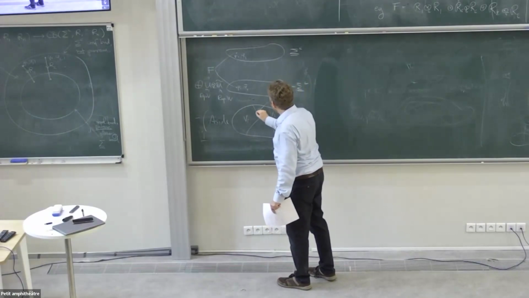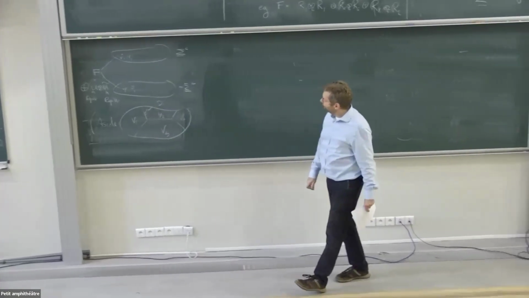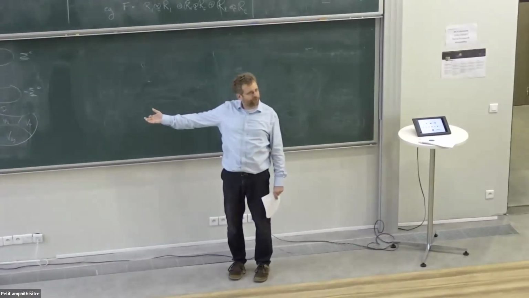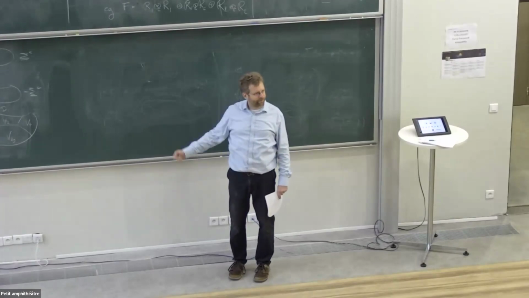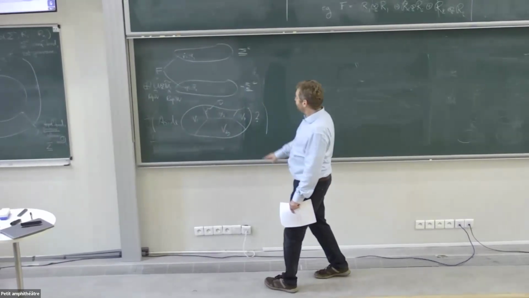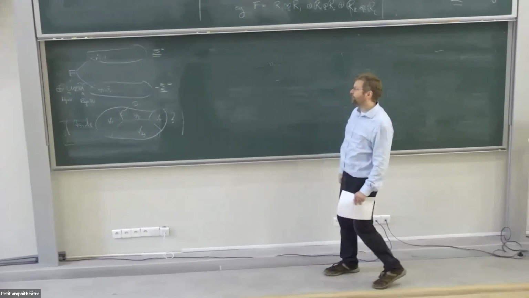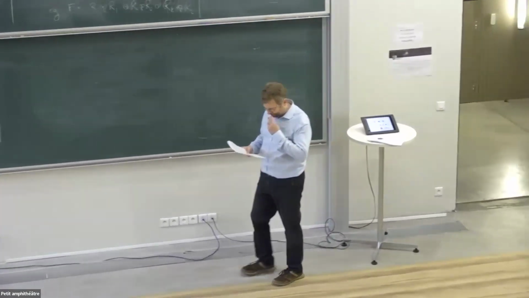Then maybe there's something which one wants to decorate these interfaces by, and so there should be a theory of conformal blocks for such things. And I don't know what that theory is. I know what it is on the TFT side, so I can describe this in the 3D TFT, but I don't know how to describe it in the language of VOAs and conformal blocks.